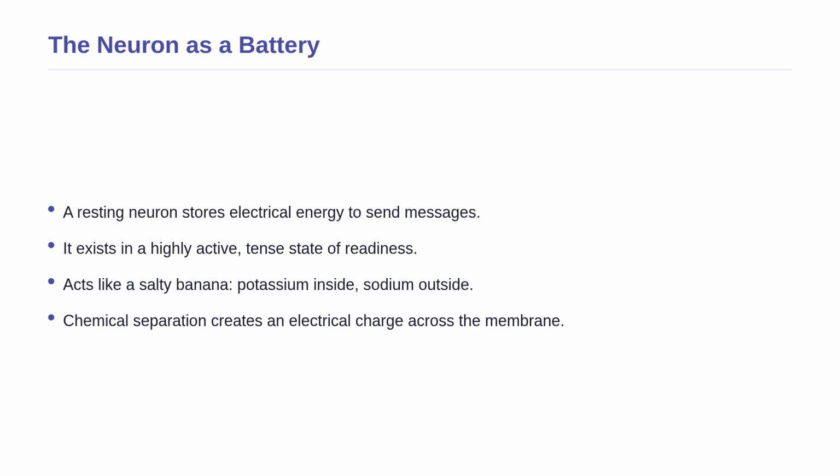It is a highly active, tense state of readiness, much like a bowstring pulled back and waiting to be released. To create this tension, the neuron acts like a salty banana. It is full of potassium on the inside and surrounded by salty sodium on the outside. This separation of chemicals creates a tiny electrical charge across the cell membrane.